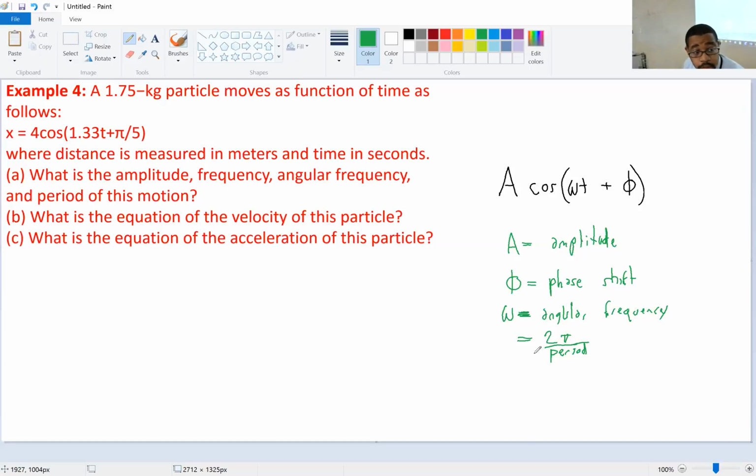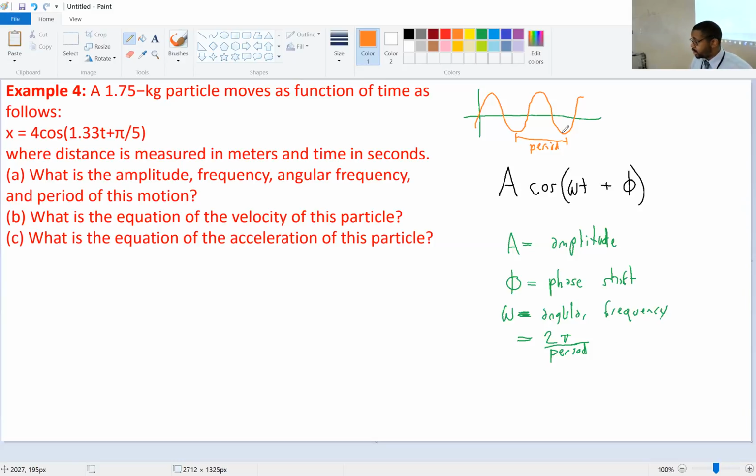What is the period? The period is how long it takes the sine to go through a full cycle. So it's kind of like, let's write it in a different color. From here to here is the period.